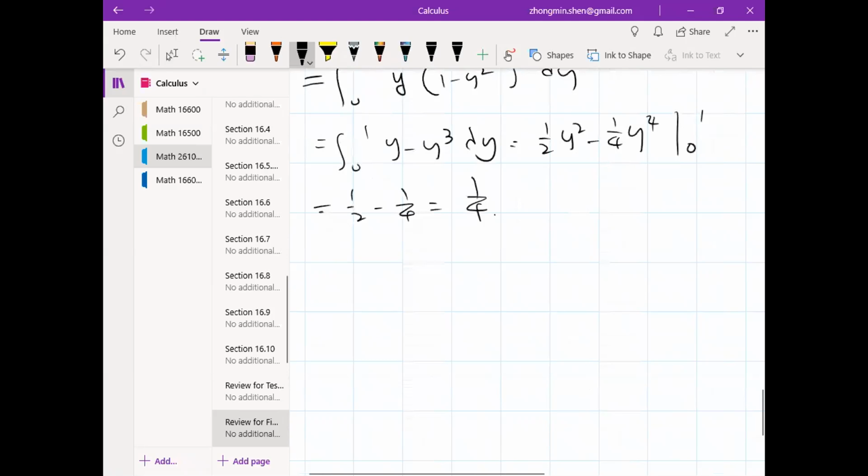Sometimes you are given the region. For example, evaluate the triple integral of 2y dV, where E is bounded by the surfaces.